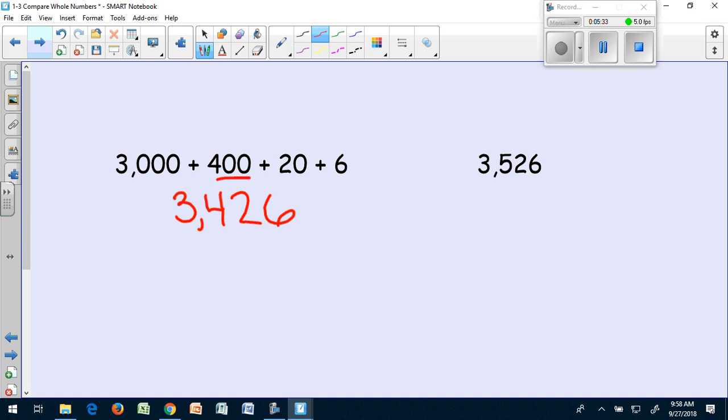I'm going to do the same thing I did with comparing. My thousands place has a 3 and a 3. That doesn't help me because they are the same digit. I'm going to move on to my next place. This number has a 4 in the hundreds, and this number has a 5. So think about, what does that tell you? Which of these numbers is greater? Write that down in your notebook and put the symbol you think is correct.